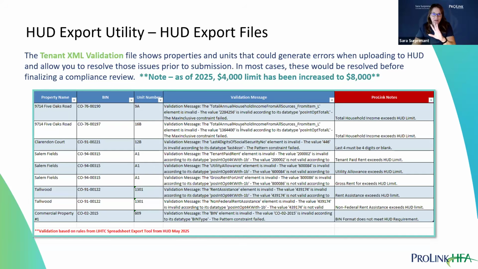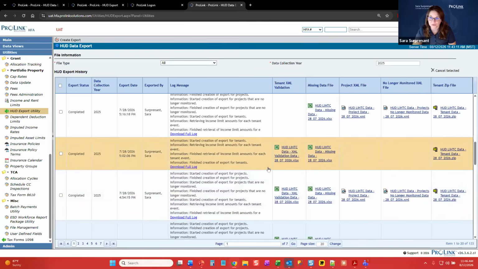So these are the kind of messages you might get. Again, for your tenant XML validation file, missing requirements and compliance evaluations should catch a majority of the stuff. So hopefully a lot of this is not going to be a problem for you.